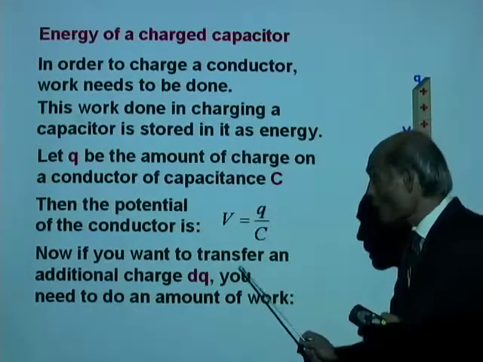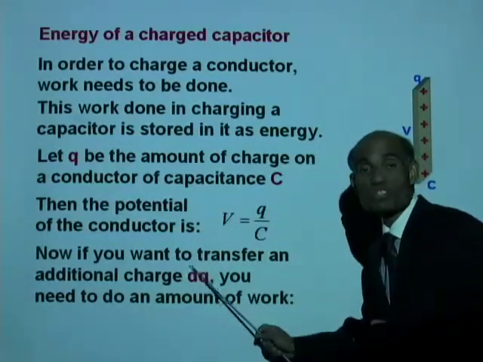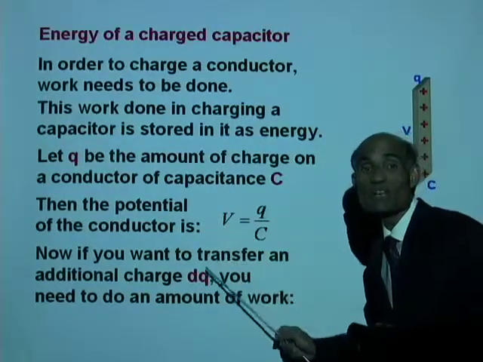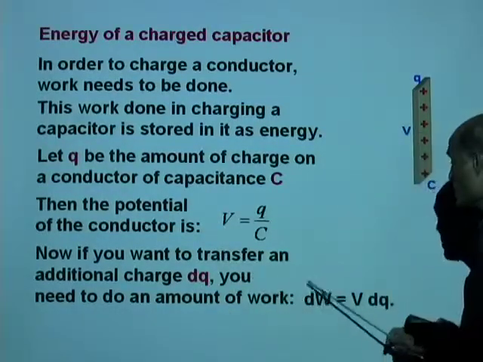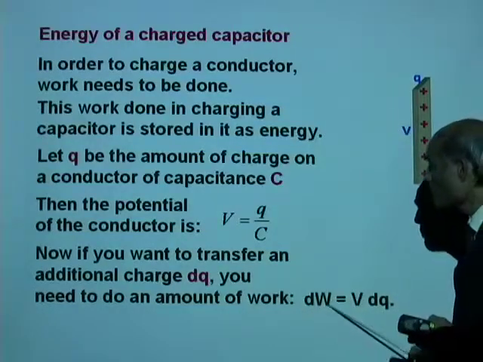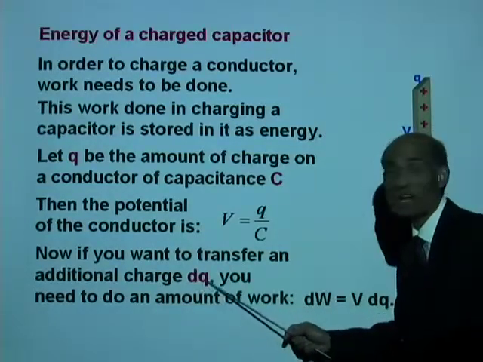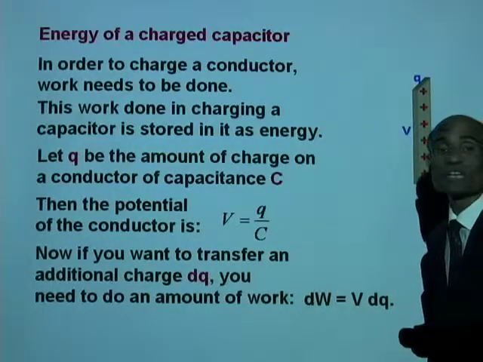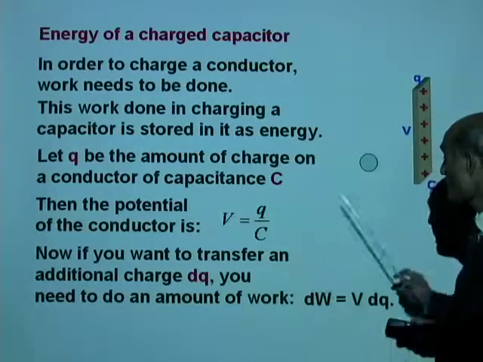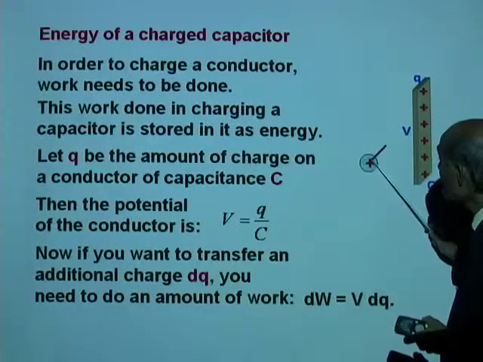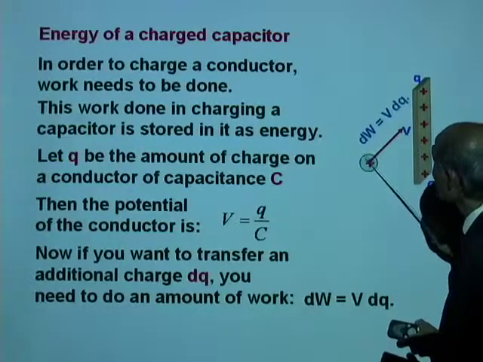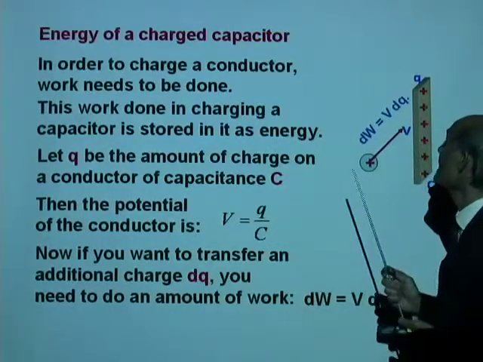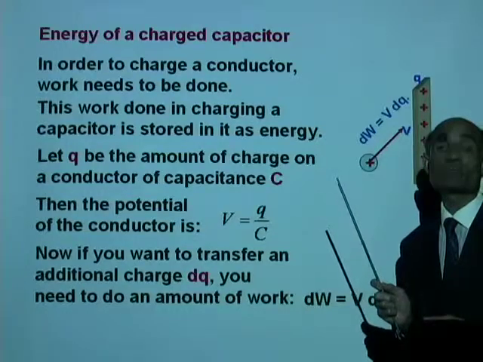If I want to move an amount of charge dQ, the amount of work done will be V times dQ. So, dW, the amount of work done to move a charge dQ, will be dW equal to V dQ.